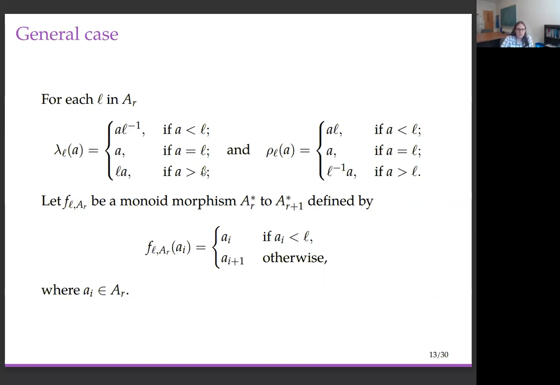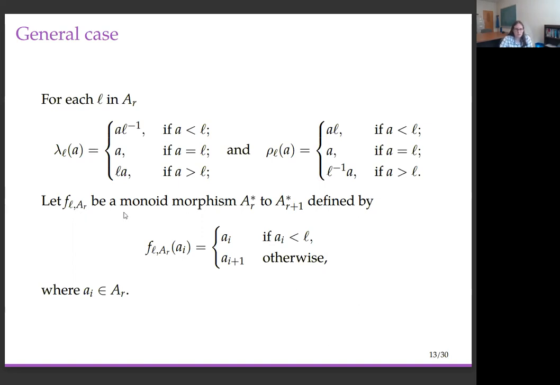And after that, all the letters bigger are sent to themselves concatenated with A. Rho here is only the definition of the inverse of lambda, and it's basically the same thing, but the smaller letters are sent to L instead of n minus 1, and the bigger letters are sent to n minus 1 instead of L.